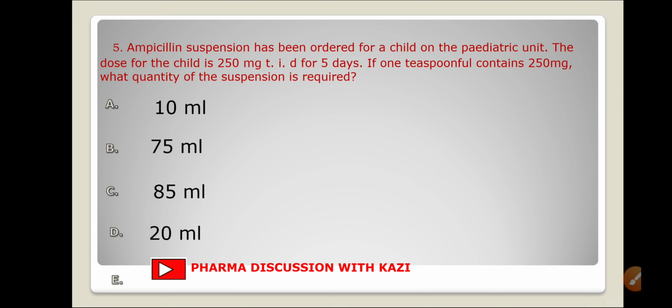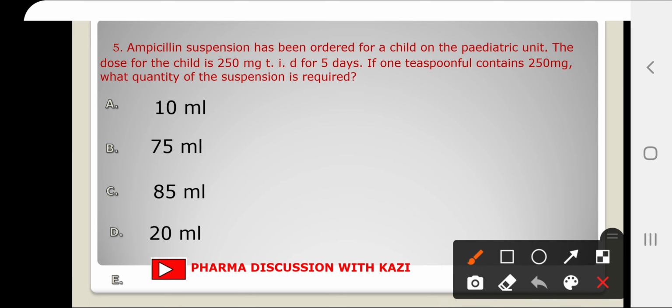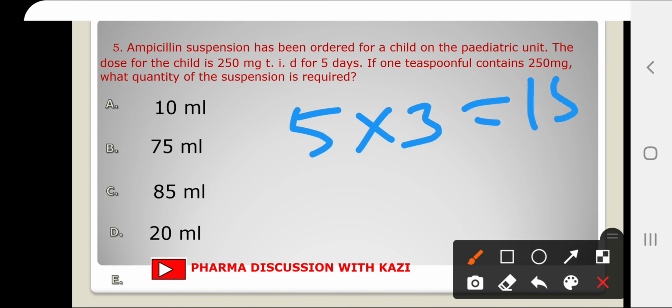Here we know that 1 teaspoonful equals 5 ml. 5 ml contains 250 mg, and the daily dose is 3 times. So the dose required for 5 days is 5 into 3 equals 15.